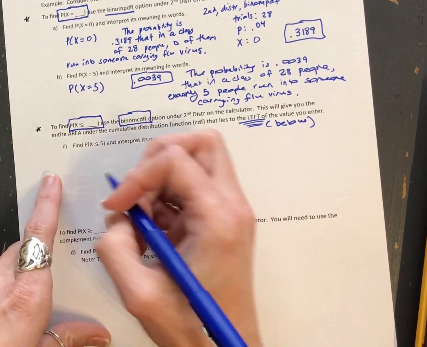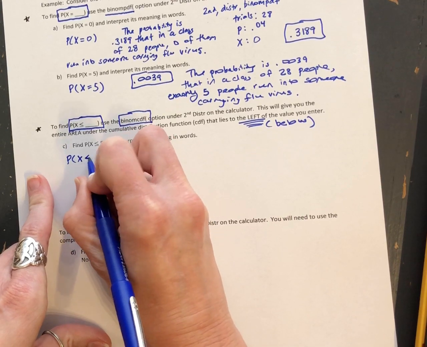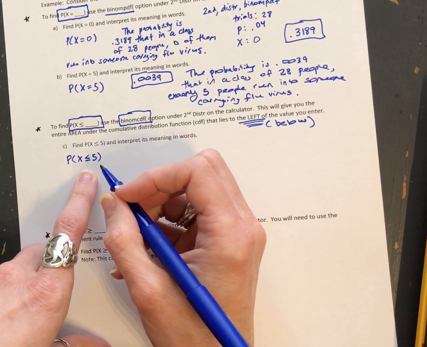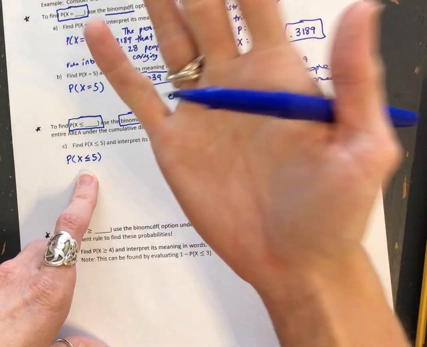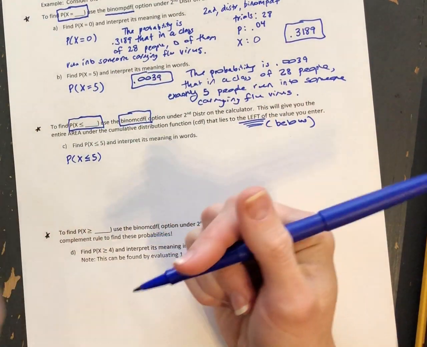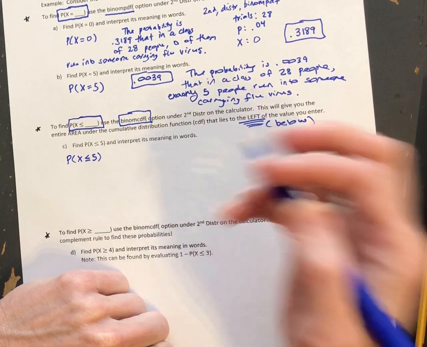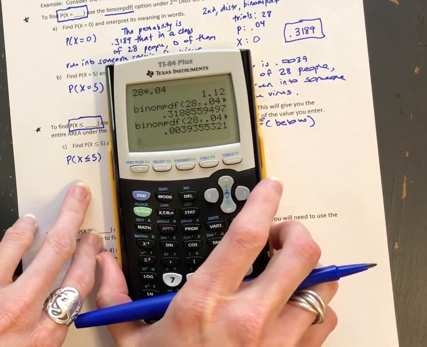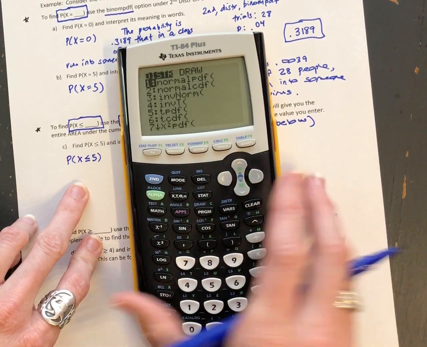So if I want the probability that X is less than or equal to 5, that means either X is 0 or 1 or 2 or 3 or 4 or 5. So it's those 6 possible outcomes, 0 through 5. The way we do that is second distribution, just like before.